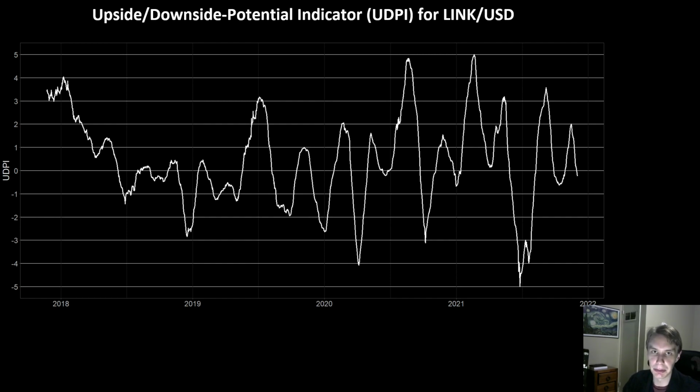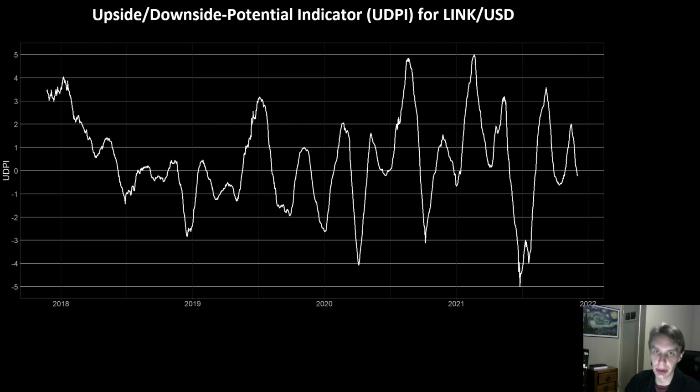The uptrend of Bitcoin has not been invalidated by any means, and so I'm hopeful that Bitcoin will be able to hold support at its current levels, or in the worst case scenario hold support at something like 53K, and then move back to the upside. But we don't know. There's obviously always uncertainty with these kinds of things, and it's always a little dubious to be too bullish on altcoins when Bitcoin is in that kind of predicament.